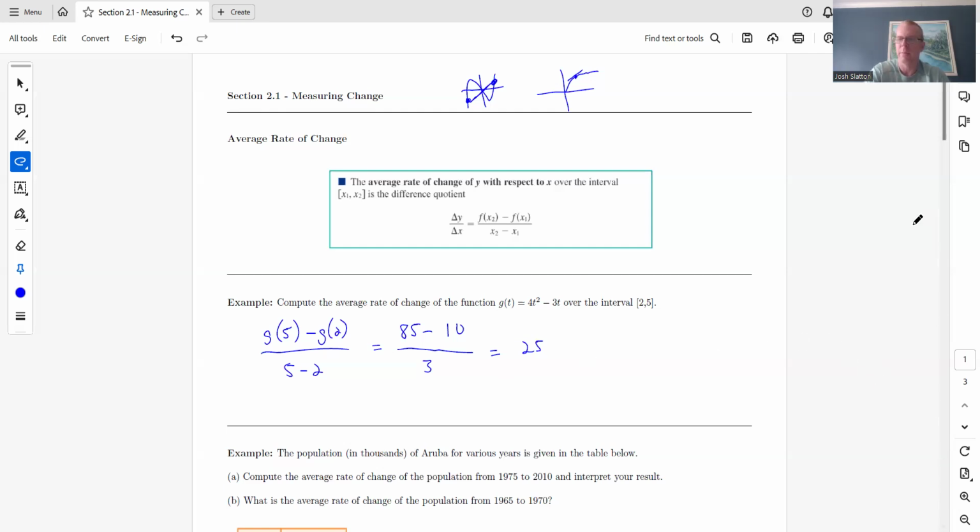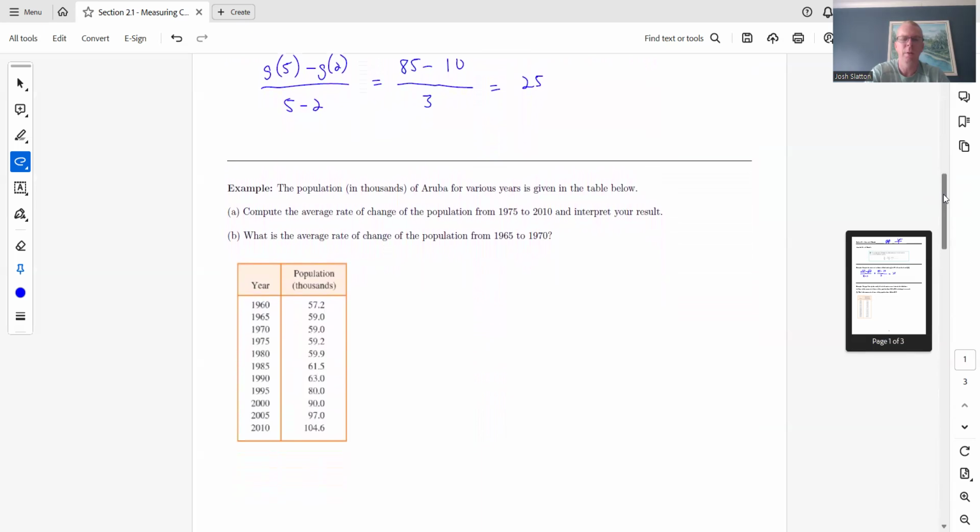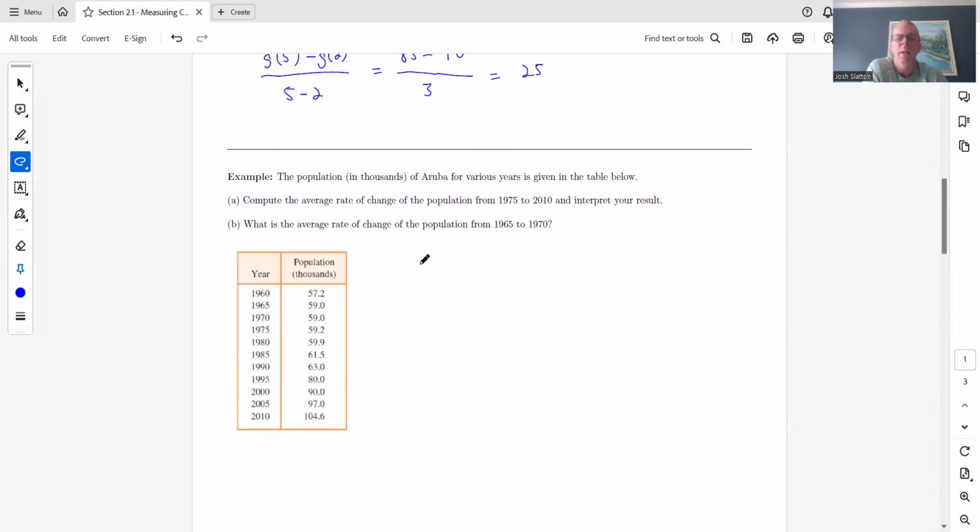All right, so let's look at a more practical example here. The population in Aruba is given in the table below. Compute the average rate of change from 1975 to 2010 and interpret the results. So we have 1975 here, 2010 here. Sometimes you'll see this average rate of change written like that.